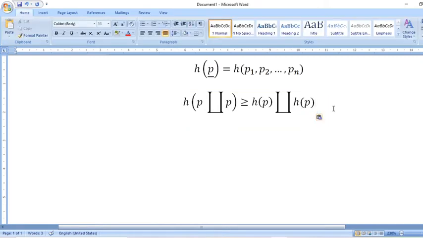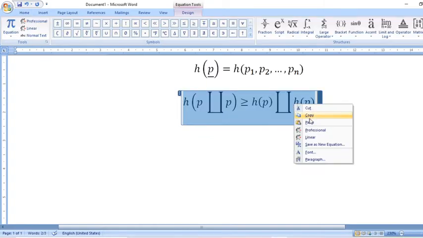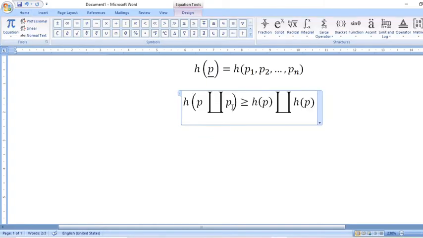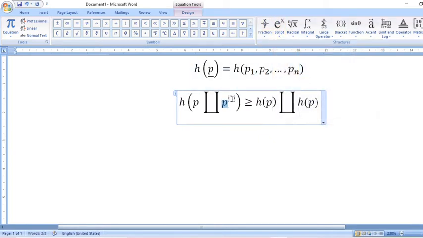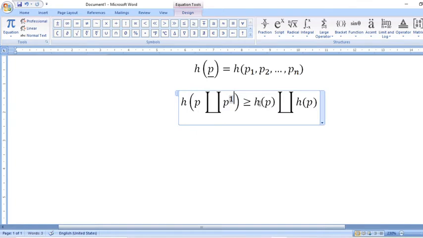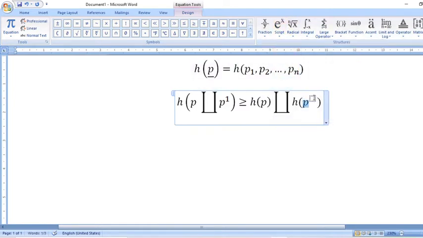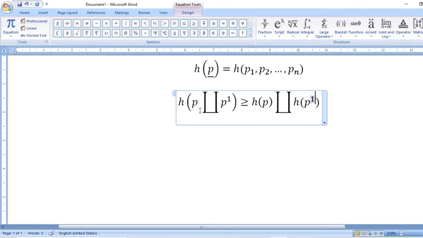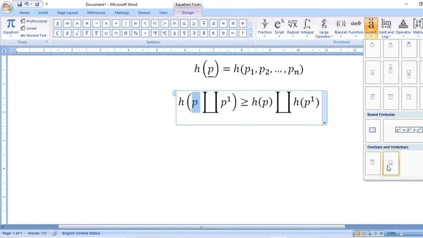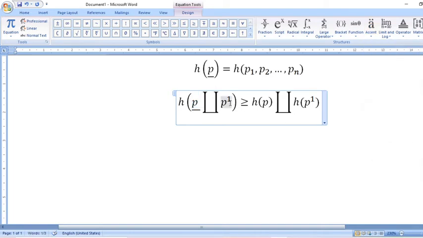And second result is, we can put a dash here. Dash means another set of probabilities. We can put bar here.